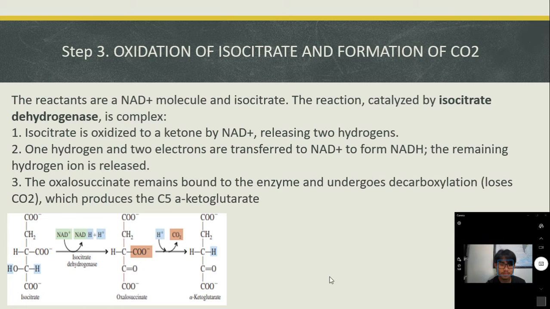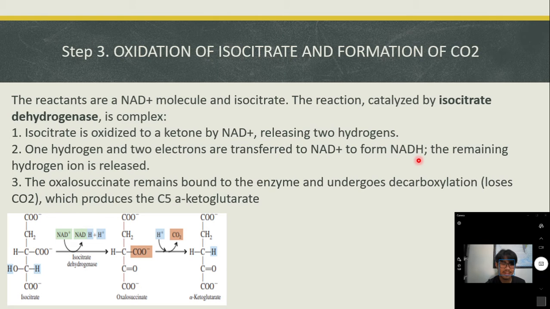So there are three key happenings in this step 3. The following are the hydroxyl group of isocitrate is oxidized to a ketone. Next, the NAD+ is converted to its reduced form, NADH.